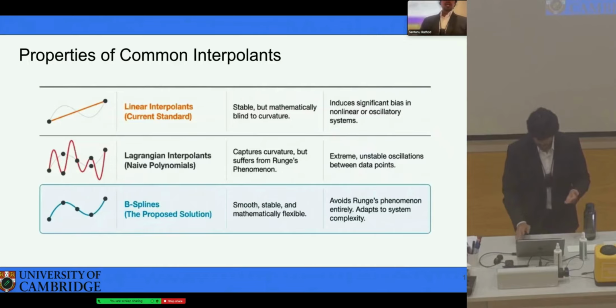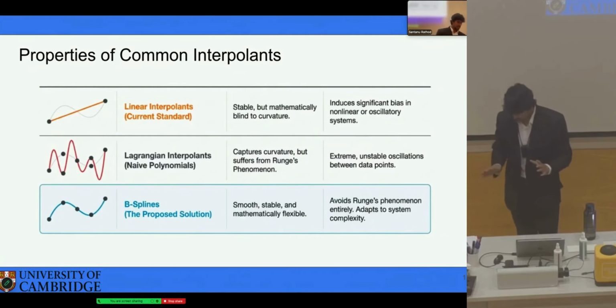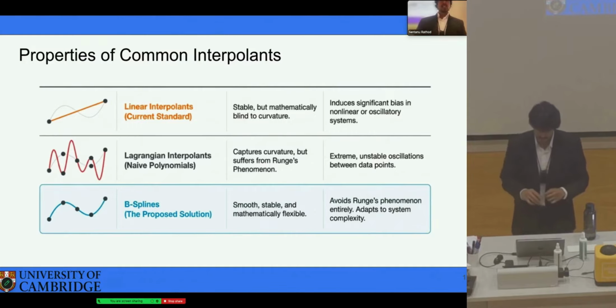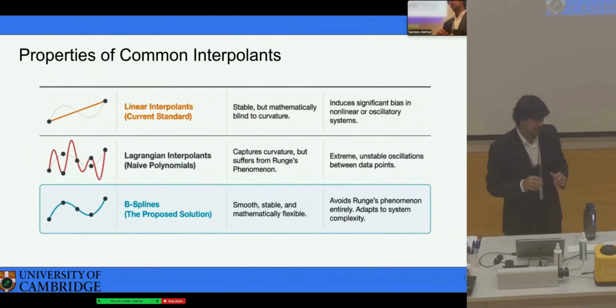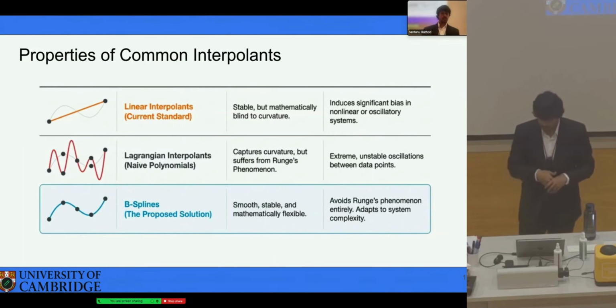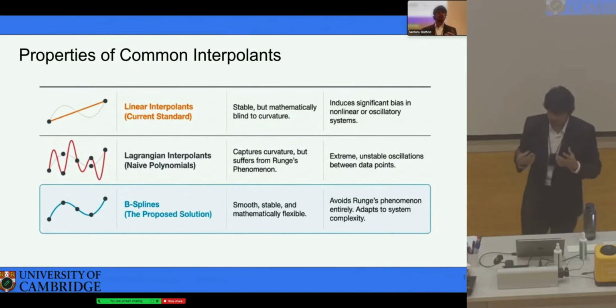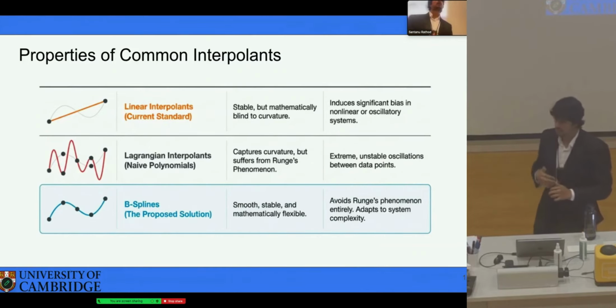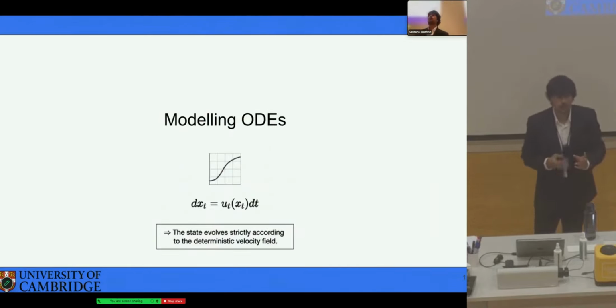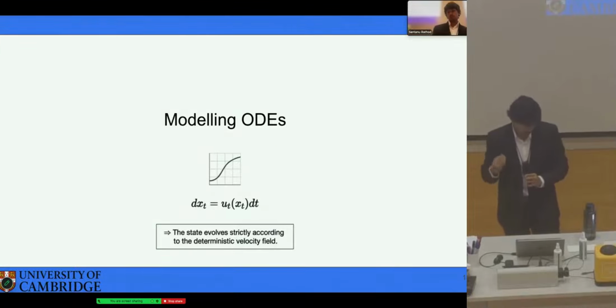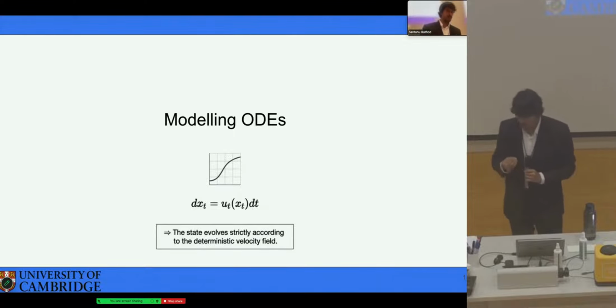And they have very good properties compared to other commonly used interpolants, in the sense that they are smooth, they are stable, they are mathematically flexible, they are flexible in terms of the order of underlying dynamics that you want to characterize, and more importantly, they do not encounter Runge's phenomenon and can adapt based on the system's complexity. And that in a sense is the first conscious design choice that we are going to make in terms of using flow matching to model dynamical systems.